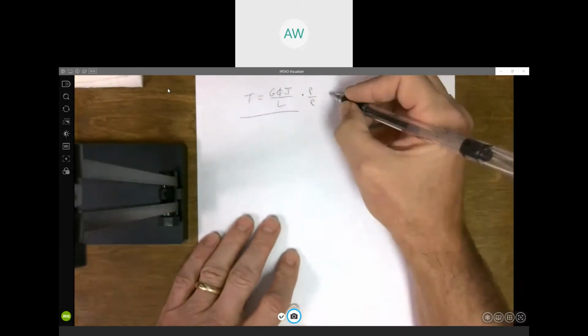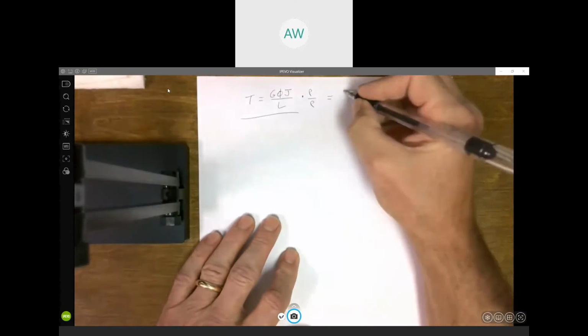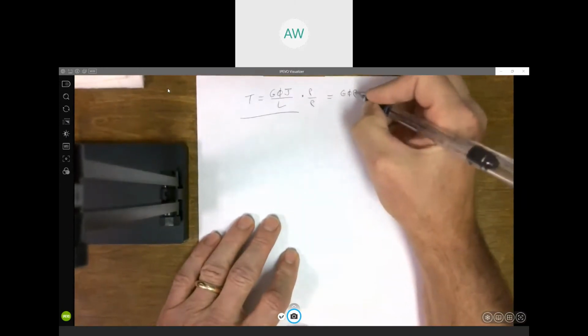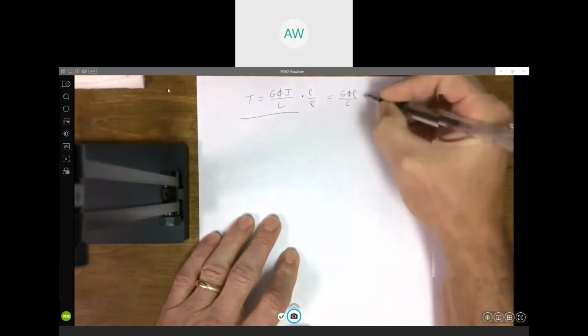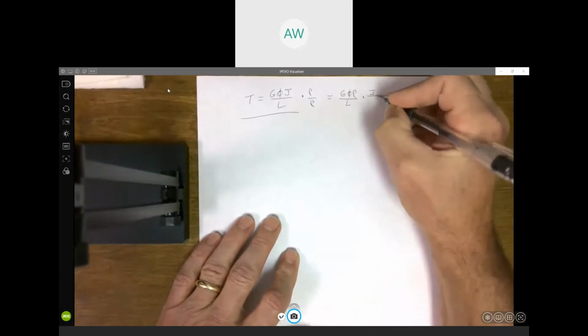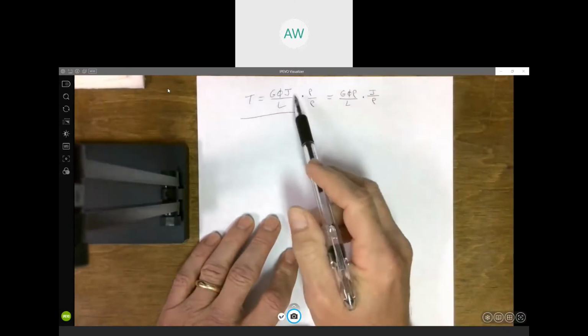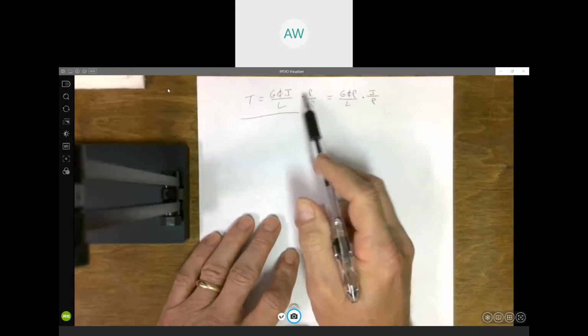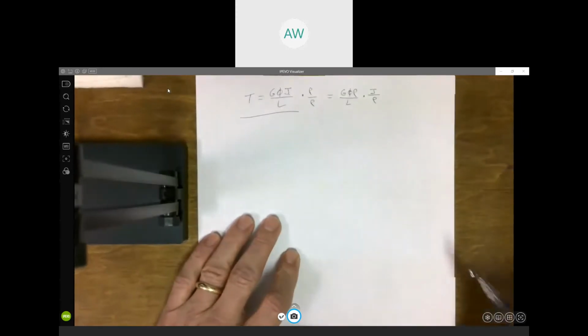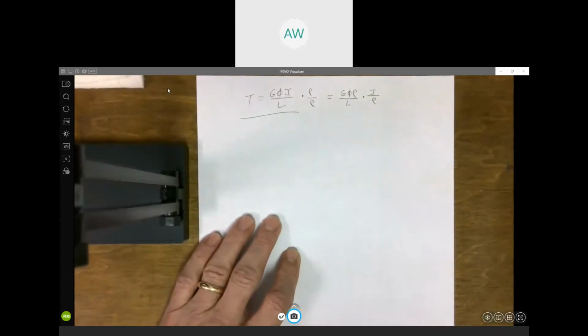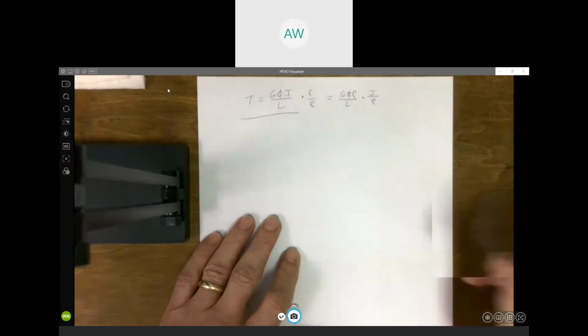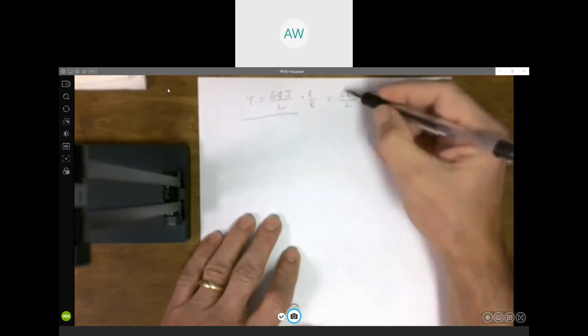And now rearrange some stuff. I get G times phi times rho over L times J over rho. So essentially all I did was swap the order of J and rho there in the numerator, which is perfectly legal mathematically.